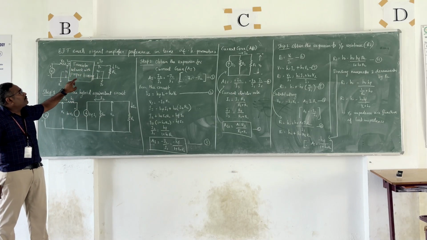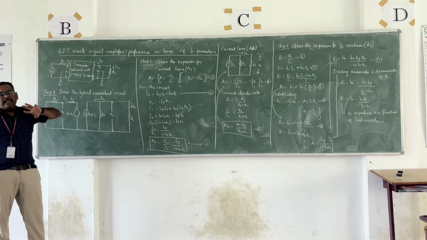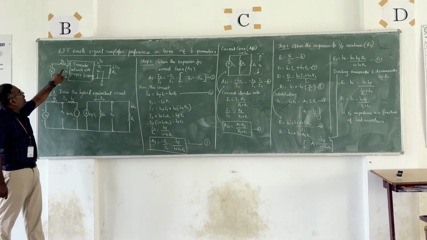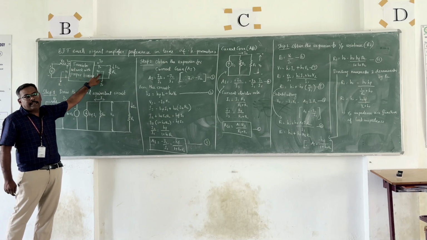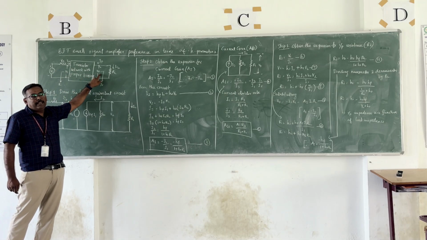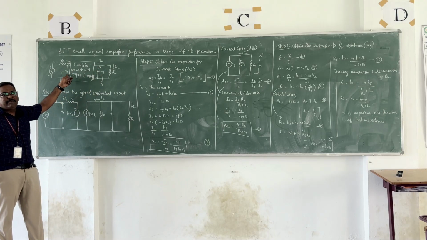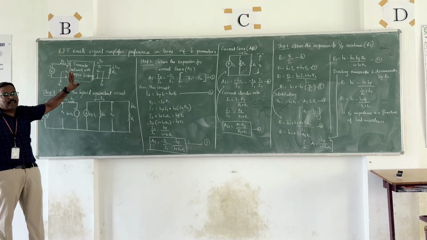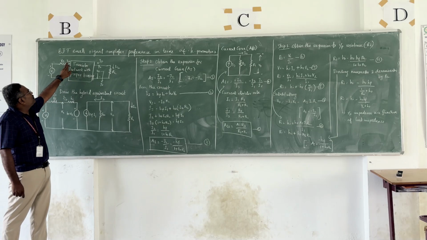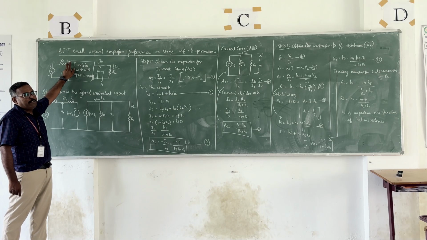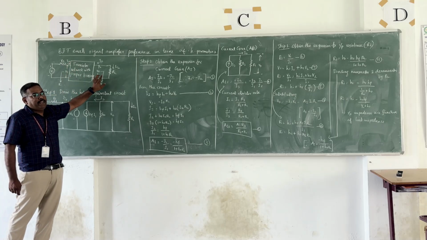So we know the dependent and independent variables, right? The input current and output voltage are independent variables, and the output current and the input voltage are dependent variables. Already we discussed in the last class. So we have to use these 2 parameters I1 and V2.